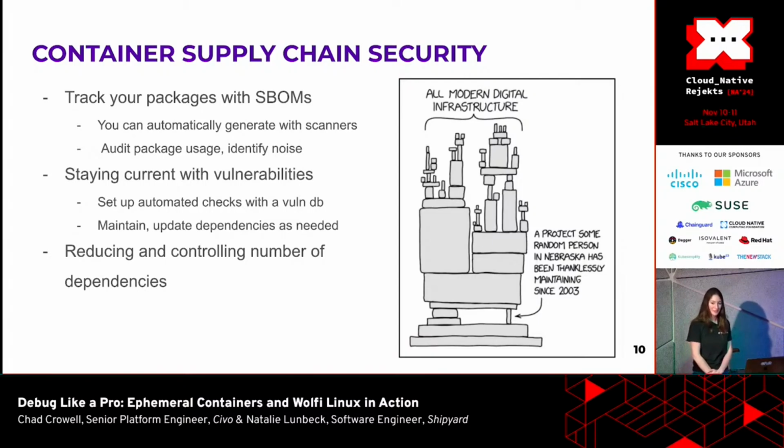The best way to stay ahead of your security is just keeping track of your SBOMs, your dependencies, your packages. This is something that you can pretty easily generate with either a vulnerability scanner, or Wolfi itself can provide this. And it's not just for being aware of current and upcoming vulnerabilities, but also making sure that you can audit what you're actually using.